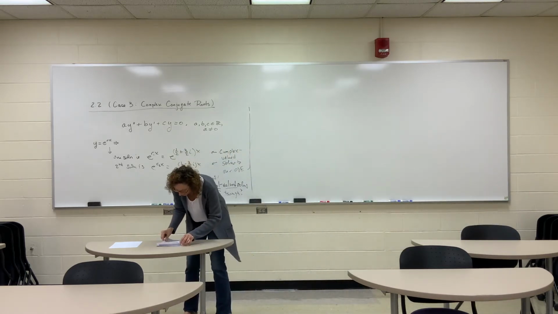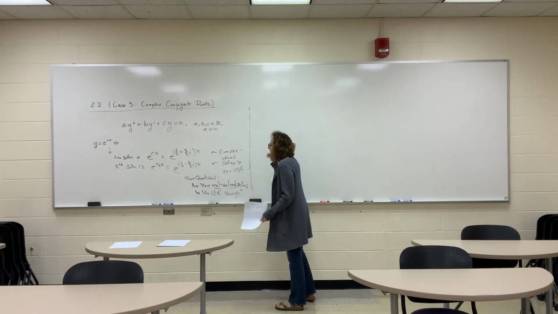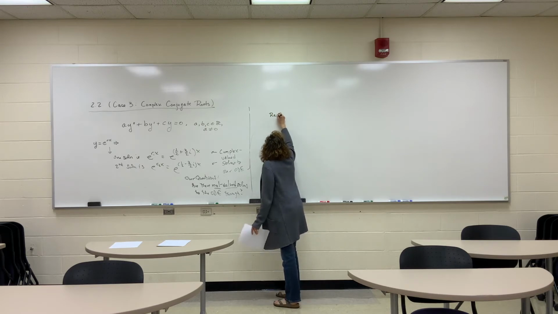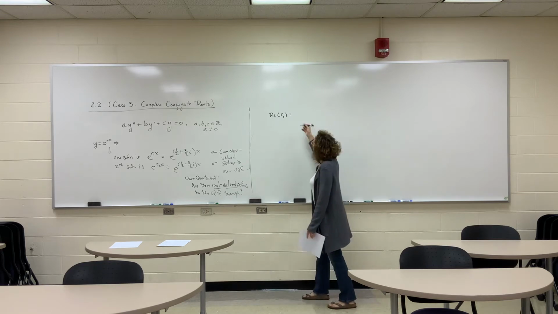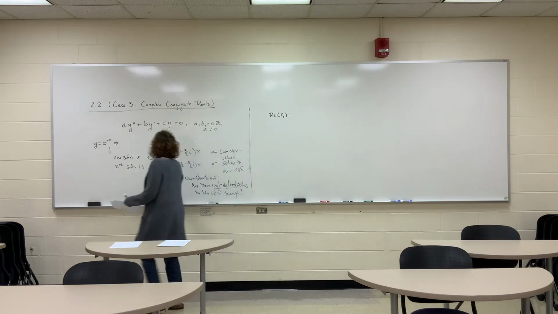All right, so let's talk about a couple of things. We use this notation: if I say the real part of R1, for our R1 that we just had, I can just erase this here so I have it.